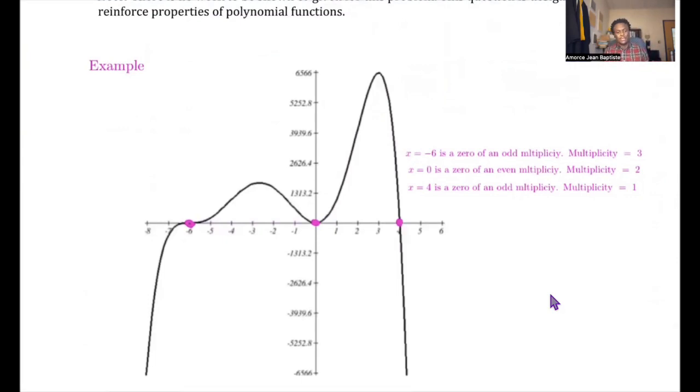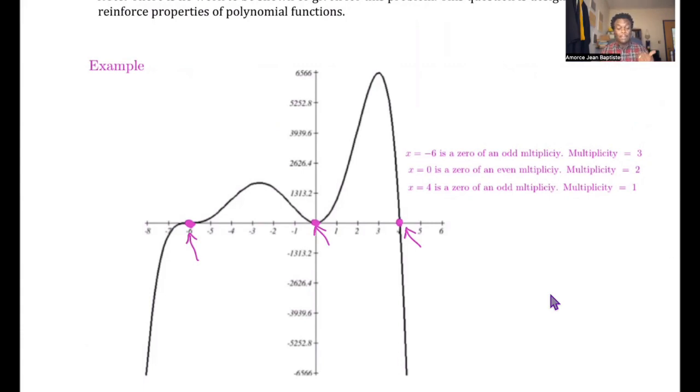I have this graph here, and I marked the locations where the graph crosses or touches the x-axis, any moment in the trajectory of the graph that it meets the x-axis.